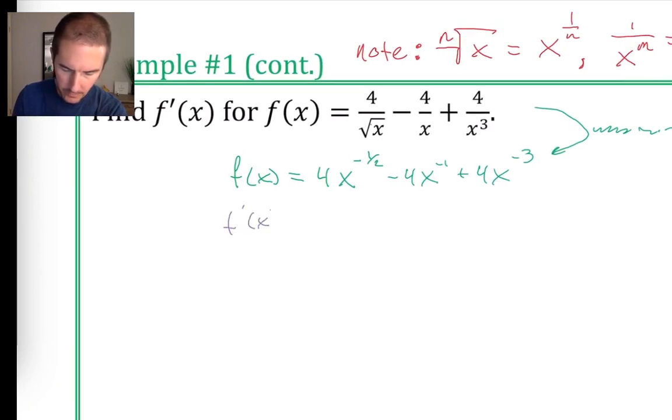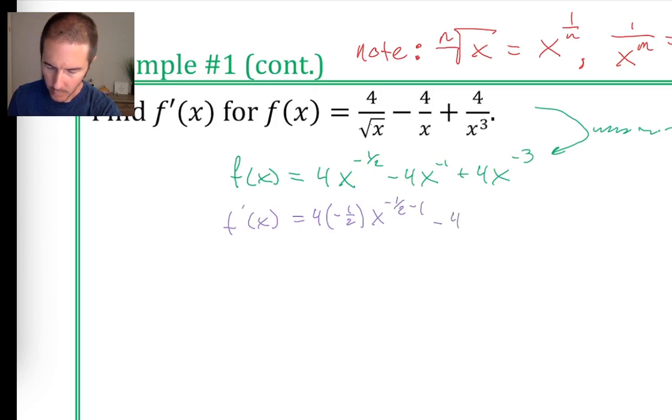F prime of x is equal to the existing coefficient times the exponent times the variable to the original power minus 1, minus 4 times the next exponent times the variable to the exponent minus 1, plus 4 times the exponent of negative 3 times the variable to the original exponent minus 1.